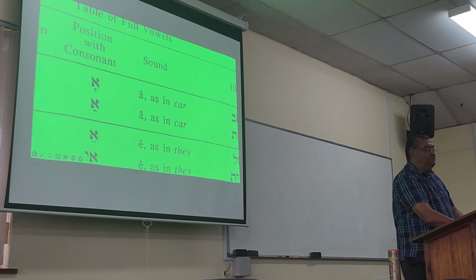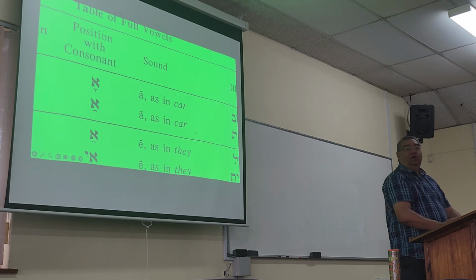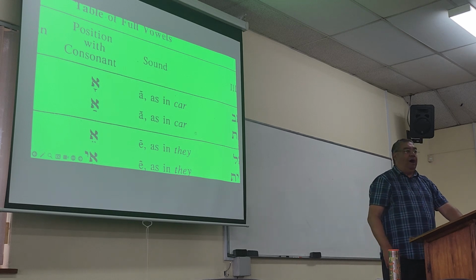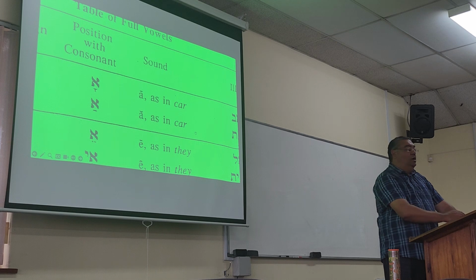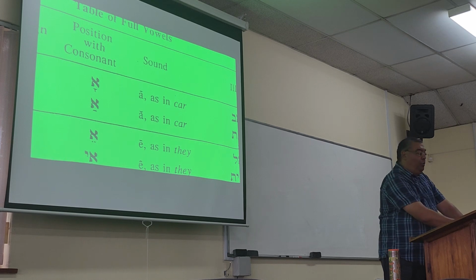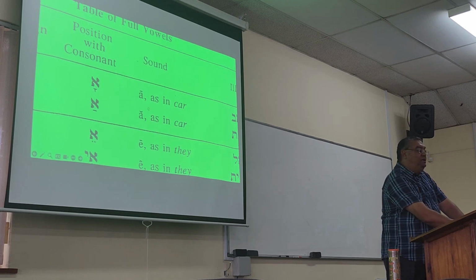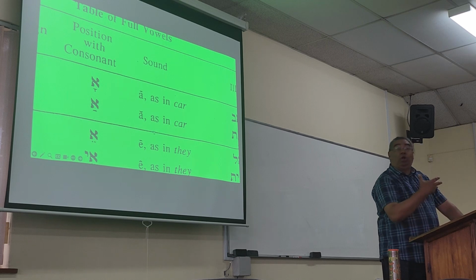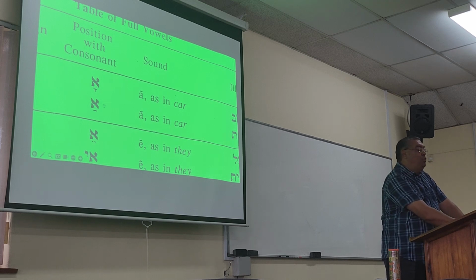Then he gives you the sound of that vowel symbol. He does it phonetically, showing you that it falls into the category of what we call the R class vowels, the A, like we have the English letter A, in which one is going to be long and one is actually going to be short.